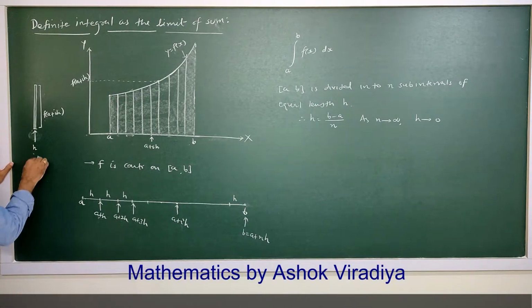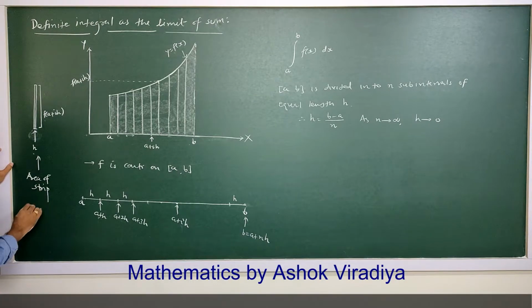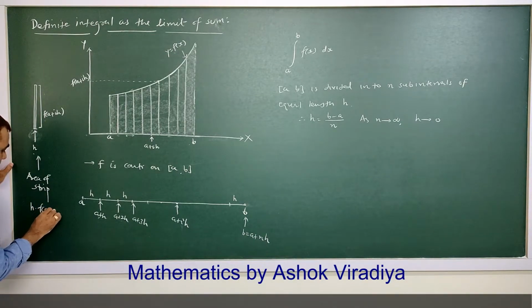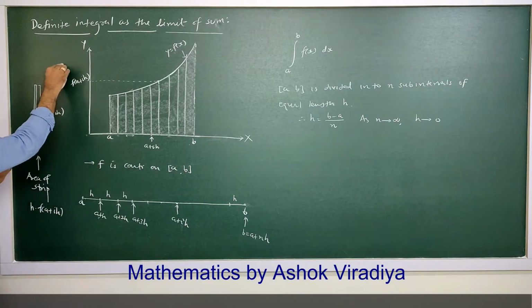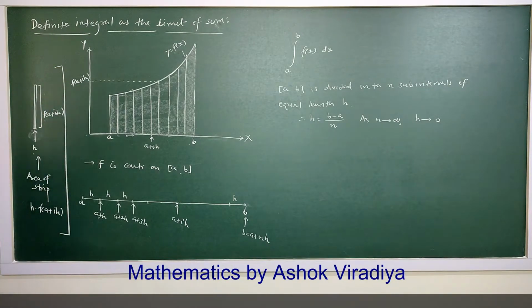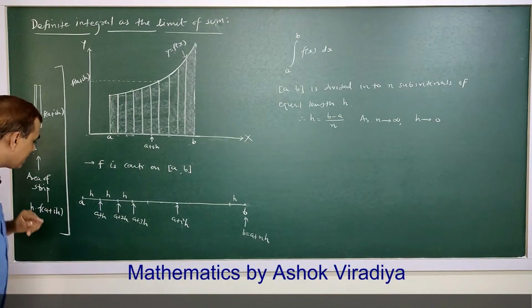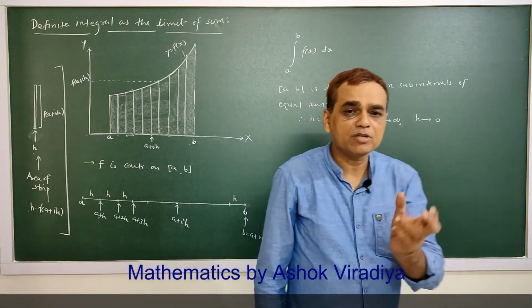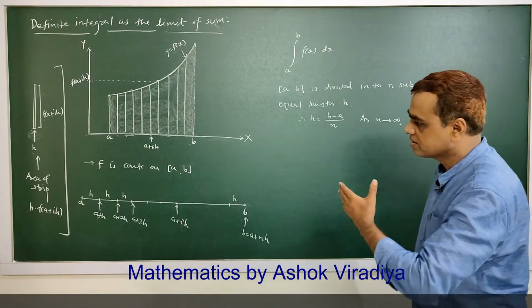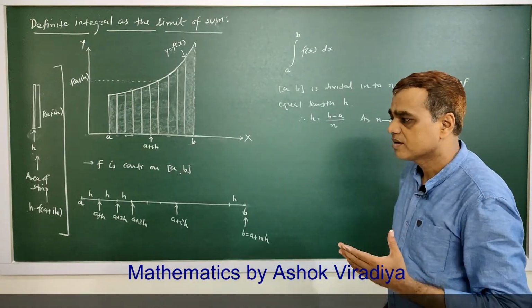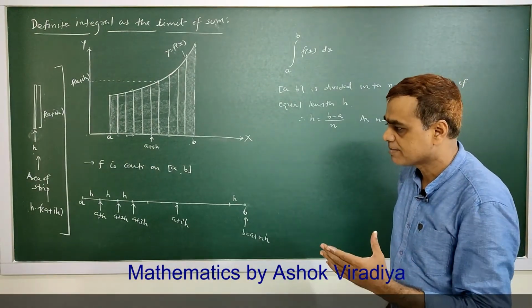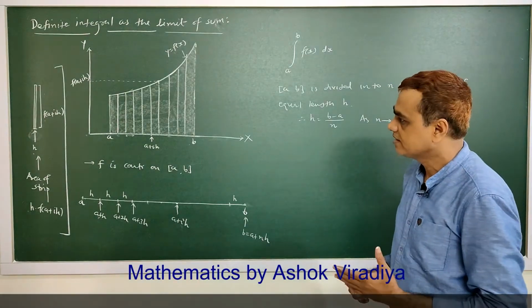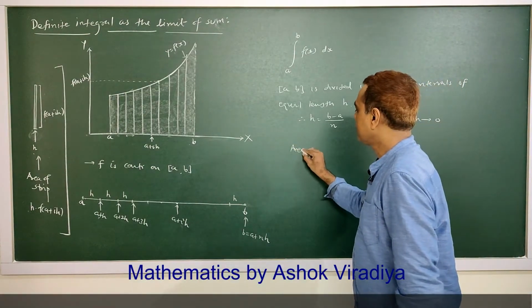So the area of a strip is h into f of a plus ih. The area of the first strip is h into f of a plus 1h. The area of the second strip will be h into f of a plus 2h. The area of the third strip will be h into f of a plus 3h. Like that we can get the area of the region.